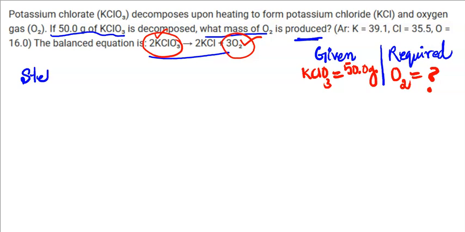Now, starting our question from step number 1. To solve any type of mole question, step number 1 always indicates that you just need to calculate the number of moles. Now, how can you find the number of moles?